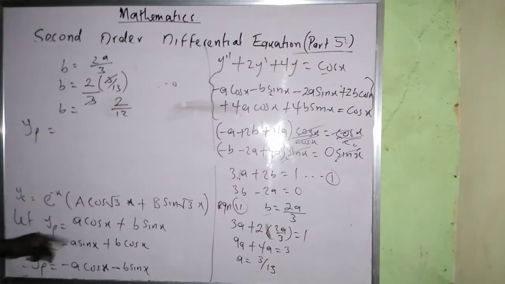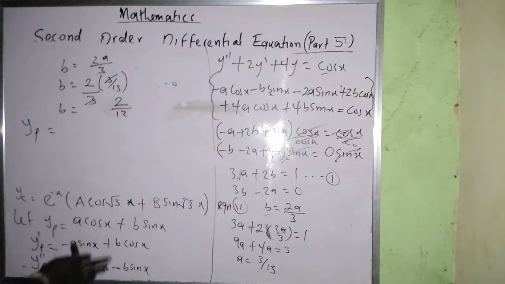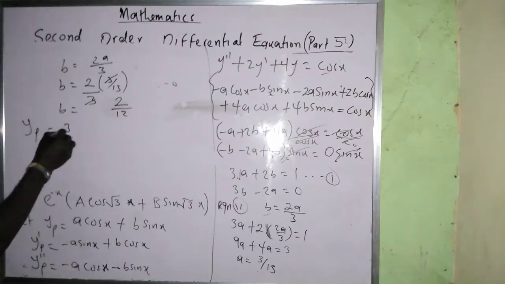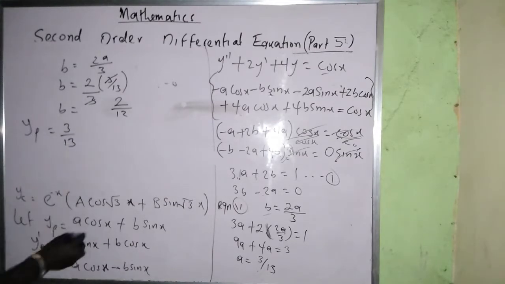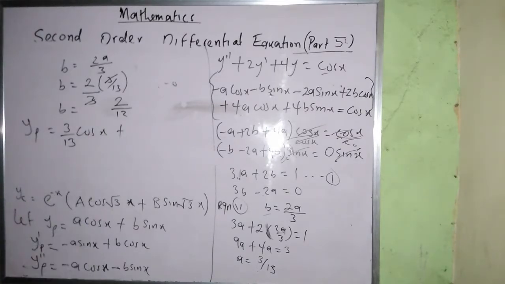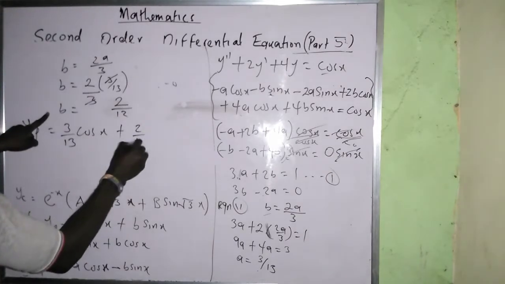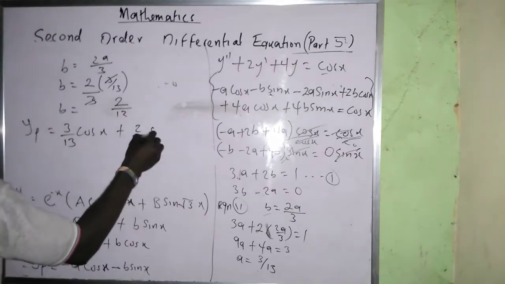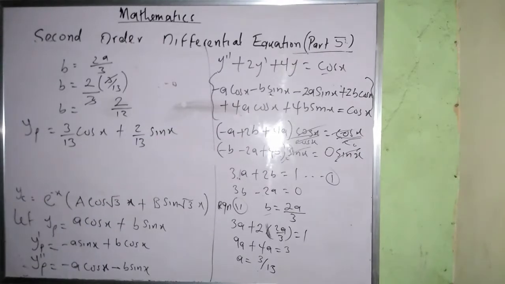It will be equal to what? My a is equal to 3 all over 13 cos x plus, what is my b? My b will be equal to 2 all over 13 sine x.